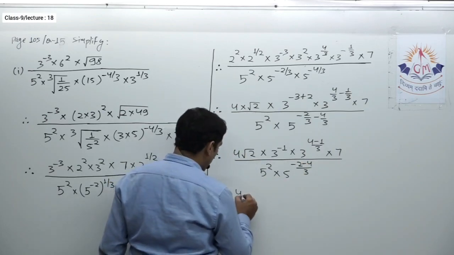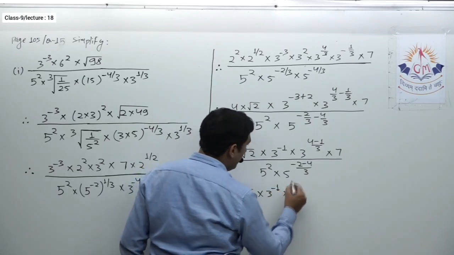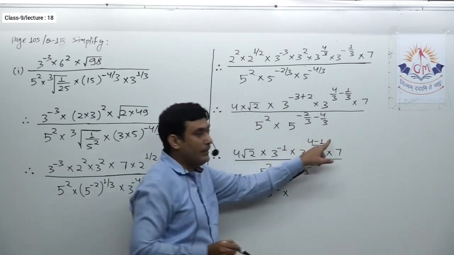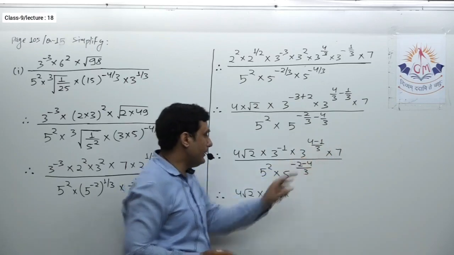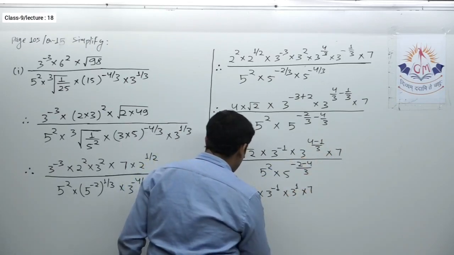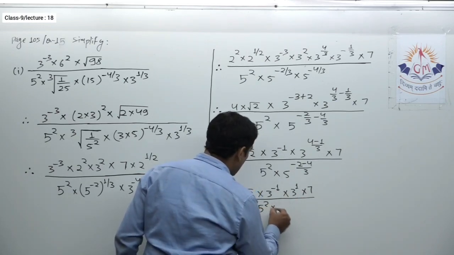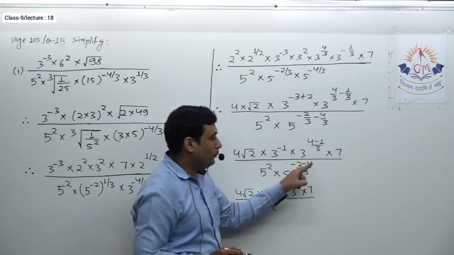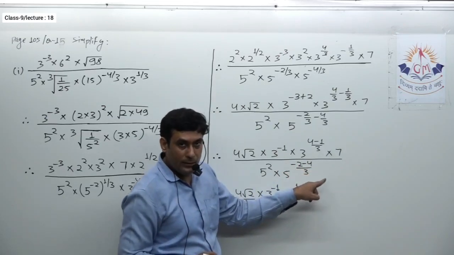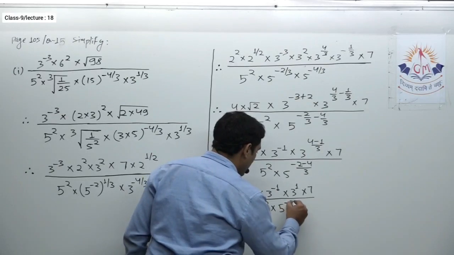Here 4 root 2 into 3 raised to minus 1, multiplied by, see, 4 minus 1 is 3, and 3 by 3 is 1. So here I get 3 raised to 1 multiplied by 7. In the denominator, 5 square multiplied by 5 raised to minus 2 minus 4, that is minus 6, and minus 6 by 3 is minus 2, so 5 raised to minus 2.